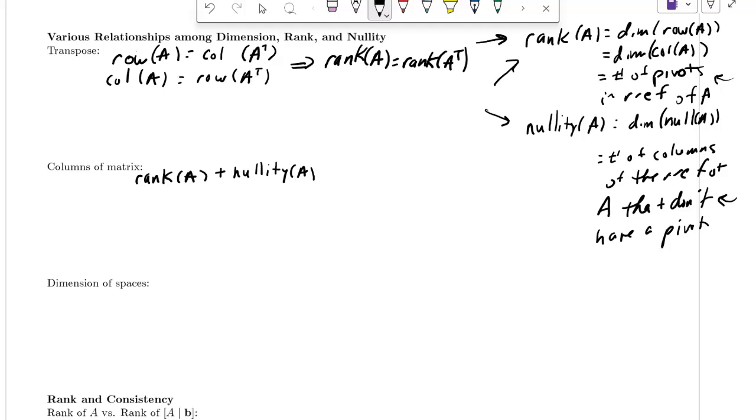But as I go across columns, either I have a pivot or I don't. So what should this equal when I'm done if I add them together? The number of columns, exactly. So this will equal the number of columns of A. We refer to this equation as the rank nullity theorem.